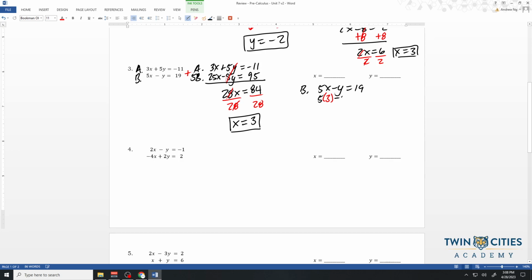Then minus y is equal to 19. 15 minus y is equal to 19. Subtracting 15 from both sides, I'll get negative y is equal to 4. So this tells me that y is going to be negative 4.